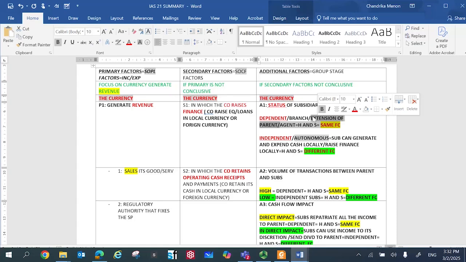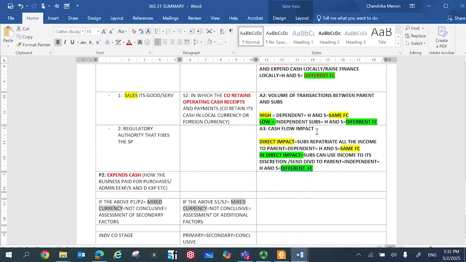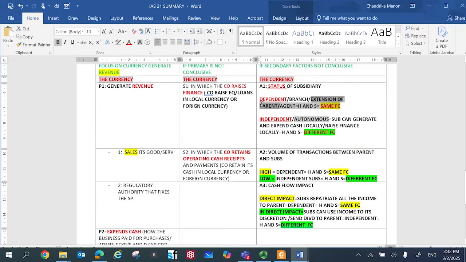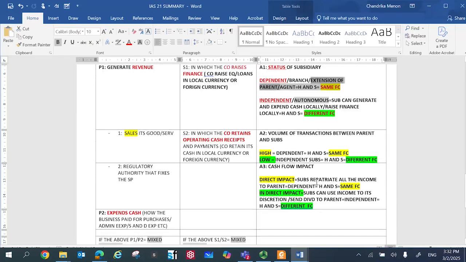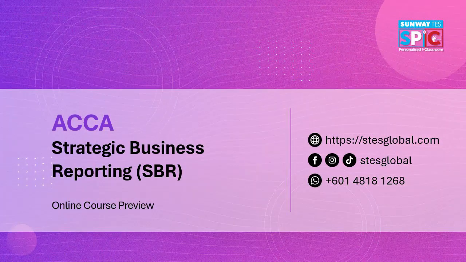Got it? And here, cash flow impact. I want you all to know A1, A2, A3, P1, P2, S1 and S2. If cash flow has a direct impact, then again they are dependent. If no direct impact, then they are independent. Got it?